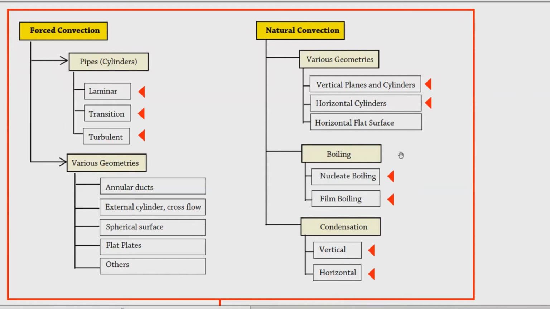And in cases where there's boiling and condensation, I'm not yet including what we call the dropwise condensation and those things. So convection, in summary, is, I think, one of the most difficult that you'll be encountering in heat transfer mechanisms.